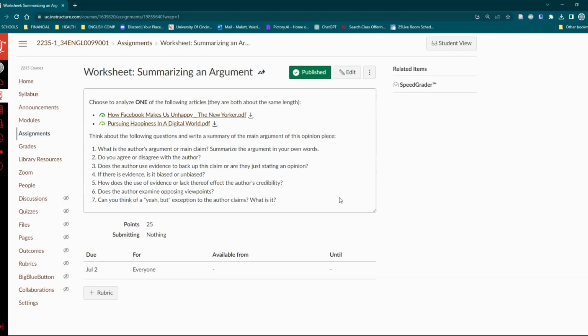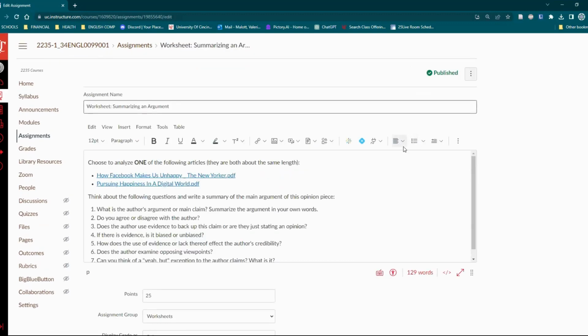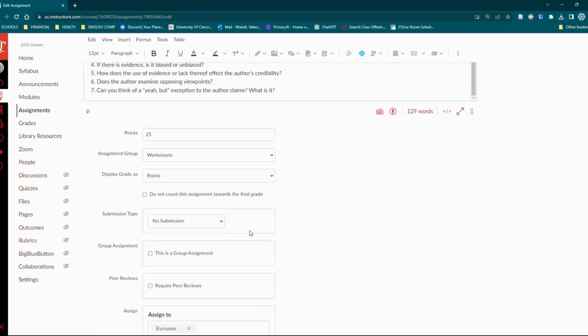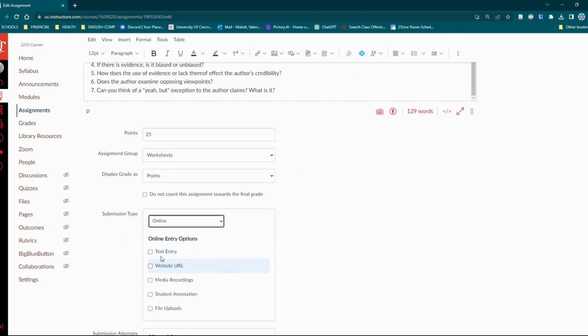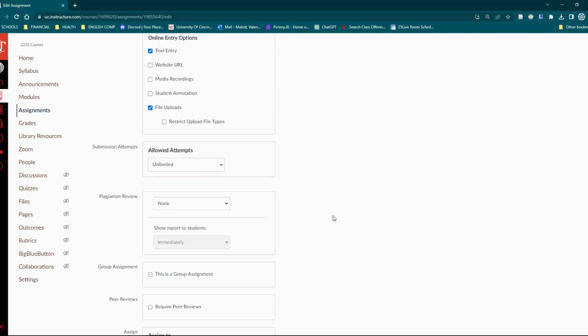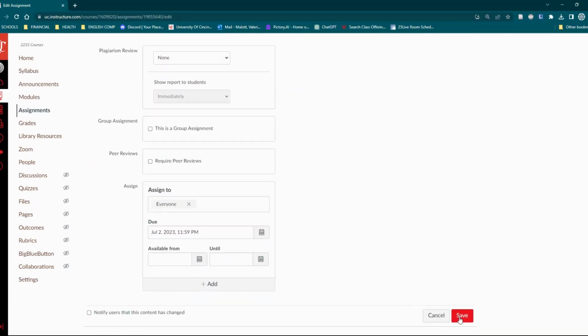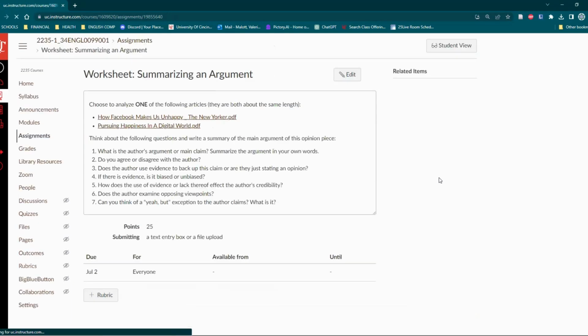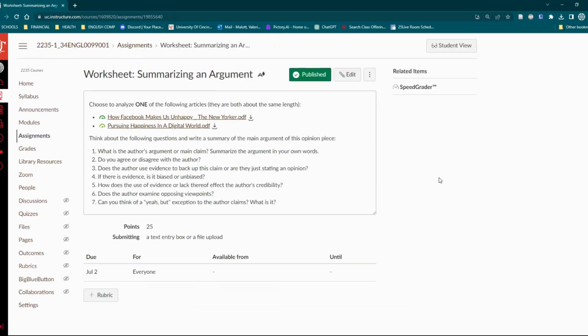I can't remember if I should put these instructions in the, oh, good that I noticed that. Okay, you can enter it as a text entry or upload a file. I'm glad I went in to check on that. And that will be due July 2nd.